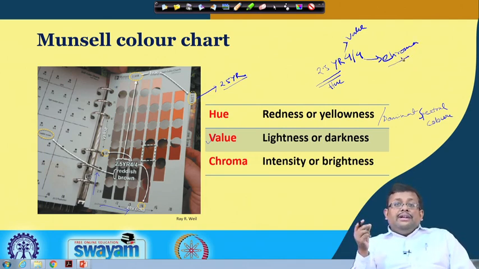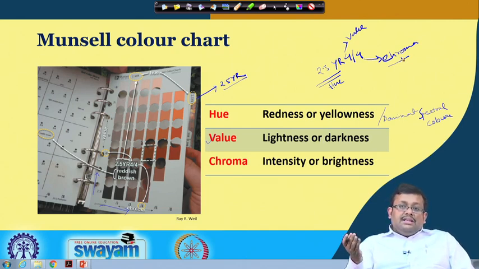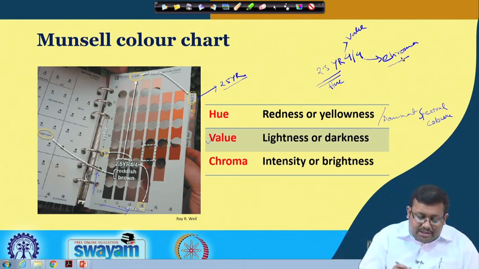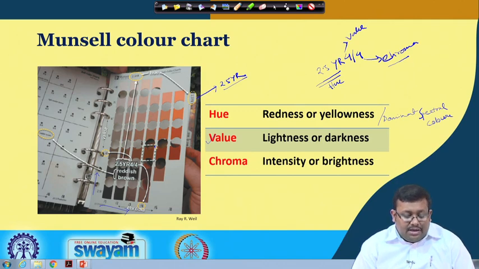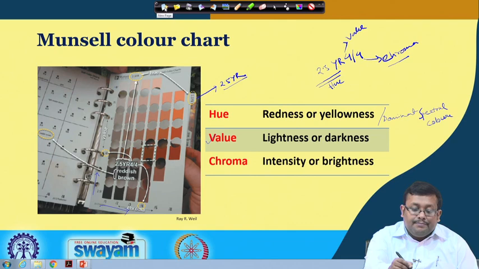So, when we take a particular soil sample, we compare the soil color with individual chips, and from these chips we identify the actual hue, value and chroma, and based on that we name the soil color. I hope it is now clear how we name different soil colors.